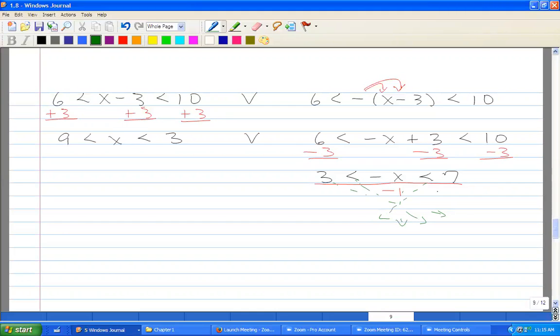This will go over here. And this one will go way over here. And so 7 divided by -1 is a -7. This inequality comes down over here. Negative x divided by -1 is x. This inequality moves over here. And 3 divided by -1 is a -3.